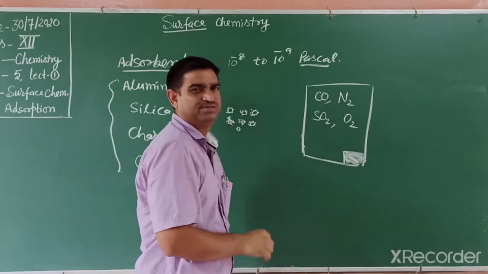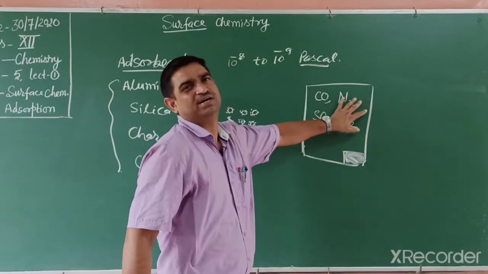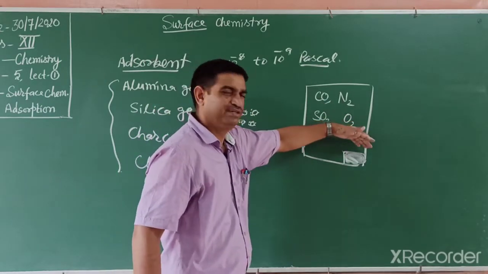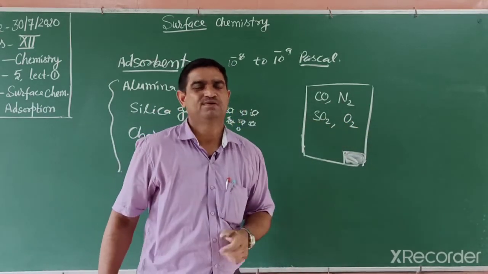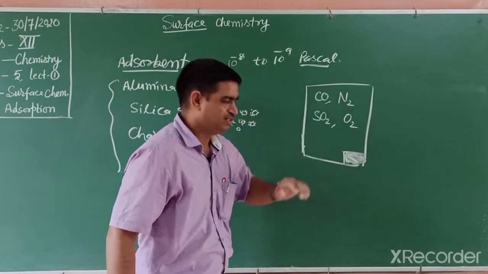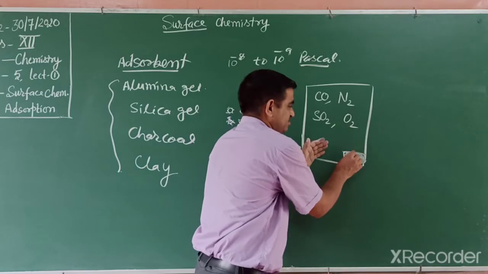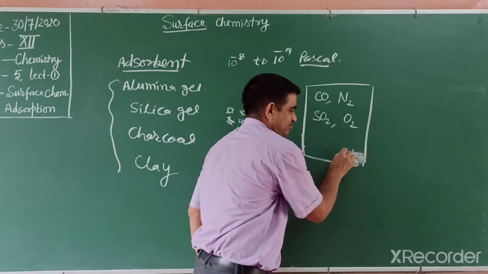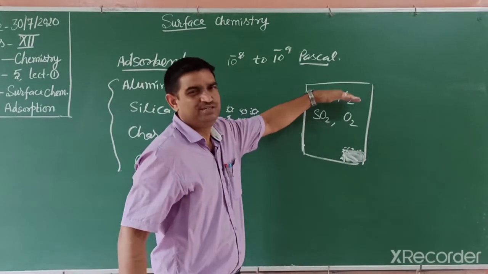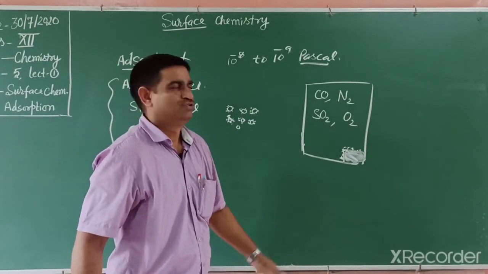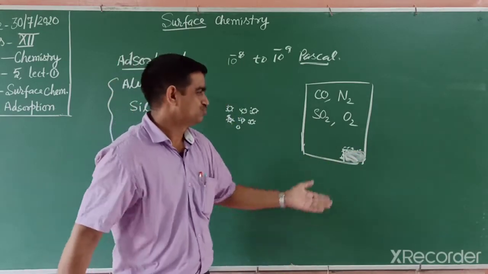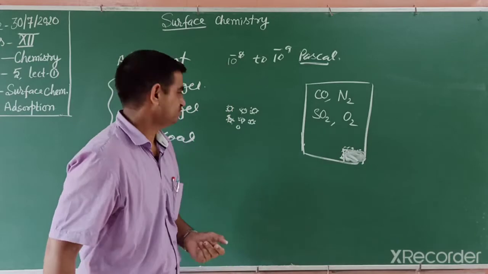Students, what do you find? If you fill the container with any one gas, the pressure of the container is reduced. The reason is that the gas is adsorbed on the charcoal surface, so the number of gas molecules is reduced and the pressure is reduced. If you want to reduce pressure or store gas, we can use this process.